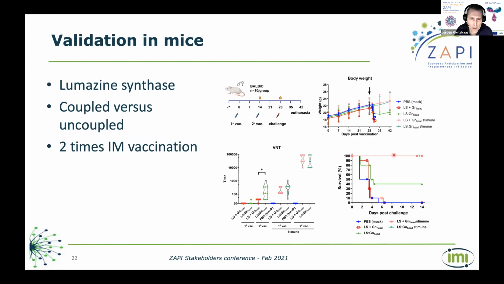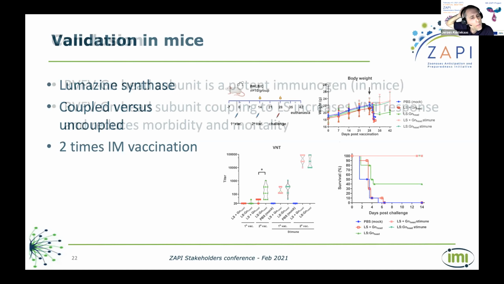If you look at the bottom left, you see the neutralization titers, and this corresponds to the efficacy we see in the survival curve. So with Stimune, 2 vaccinations, you get very high levels of neutralizing antibodies that correlate with protection.